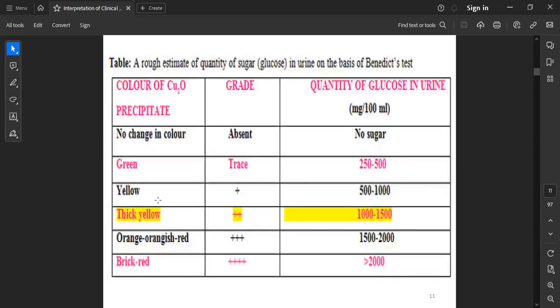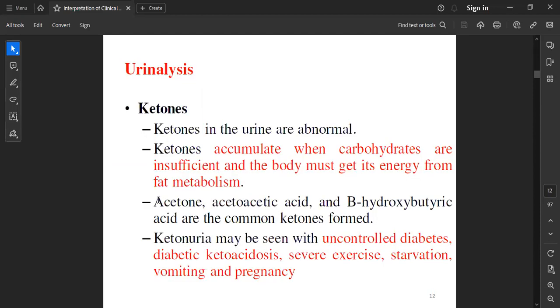What else? Just how to test. Ketones also for diabetes mellitus. Ketones are products of fat metabolism. It means that when someone's diabetes is uncontrolled, they're not metabolizing their glucose, so they're living off of their fat.